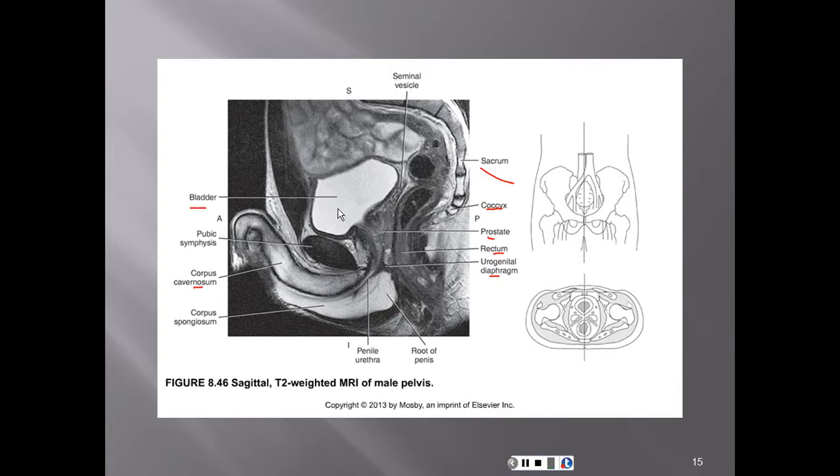It's fluid filled. So in the T2 weighted image, it should show up bright. The corpus spongiosum is part of the penis. Then you have the penile urethra, the membranous urethra, because this is the prostate. So this little bit would be the membranous urethra, and then it would stop there, and then the penile urethra would come through there.